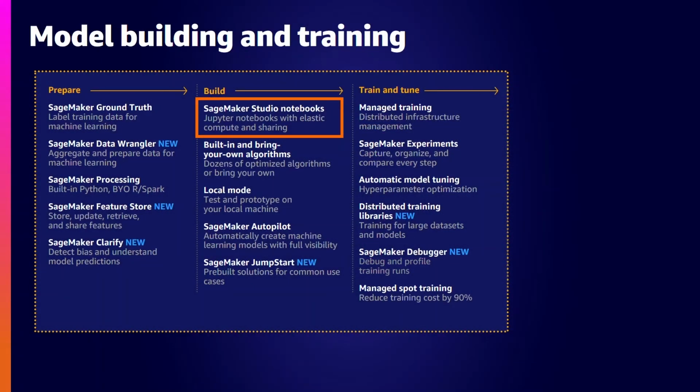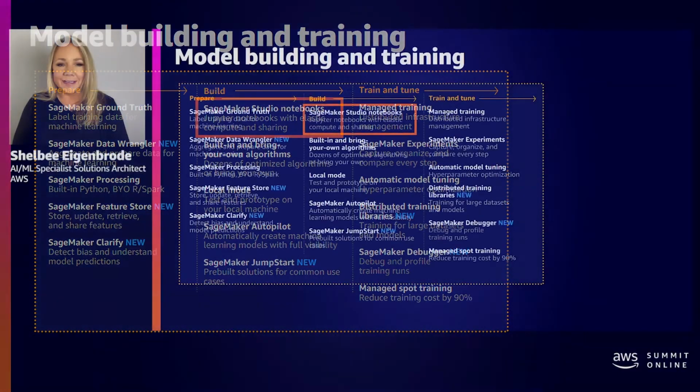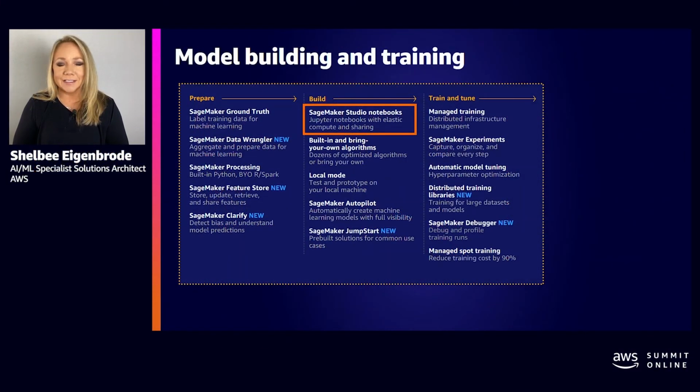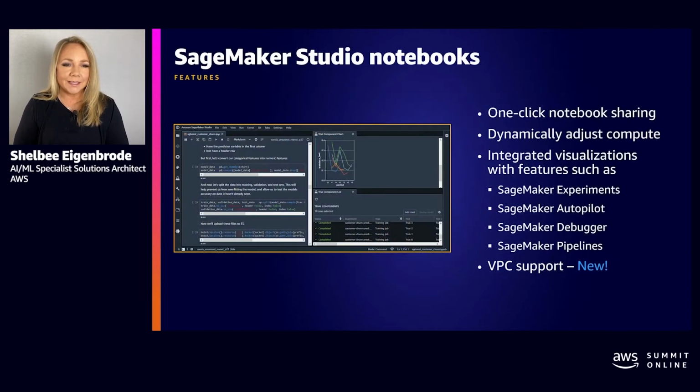So we talked about several services inside the preparation stage, but let's move on to a few services that support the model building stage, starting with SageMaker Studio notebooks. In the beginning of this session, we talked about SageMaker Studio being an integrated workbench for machine learning tasks that includes SageMaker features that span that machine learning development lifecycle.